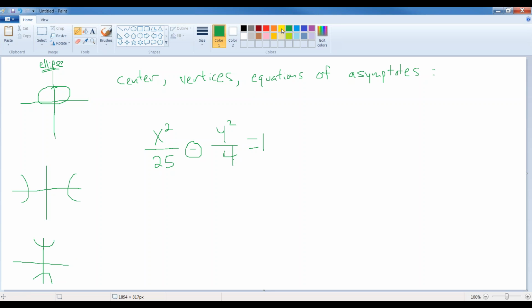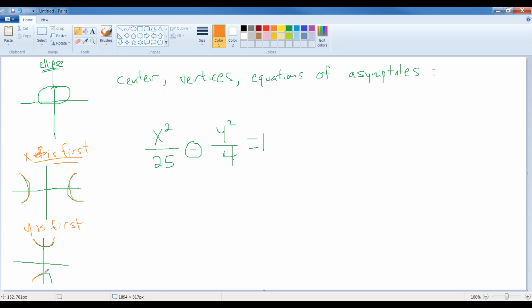How do we know which one it is? Well, simple. If the x is first, then the hyperbola is going to cross the x-axis and look something like this. Whereas if the y is first, then they are going to cross the y-axis, and they're going to look like this.